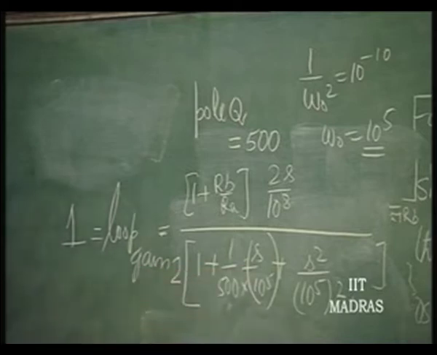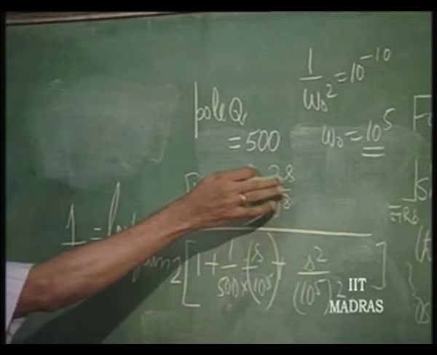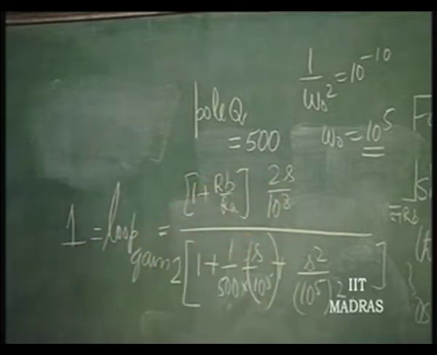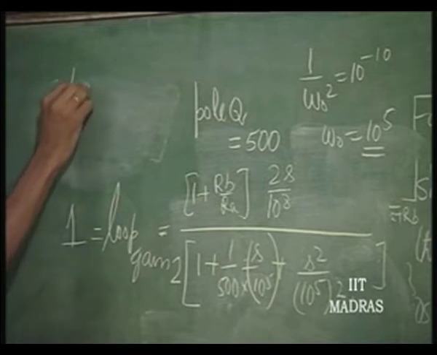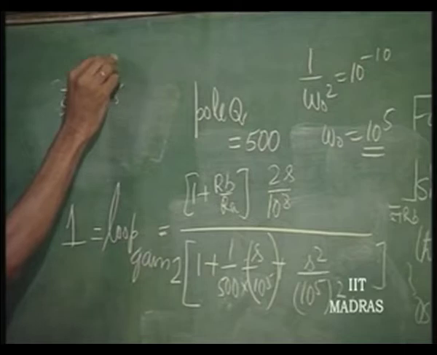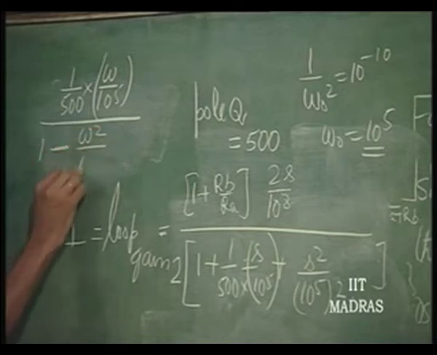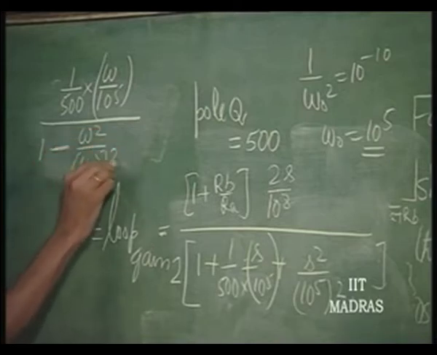Phase variation here. This contributes to a constant phase of 90 degree here, right. This only contributes to a phase, okay. This is going to be 1 by 500 into omega by 10 to power 5 divided by 1 minus omega squared by 10 to power 5 squared.